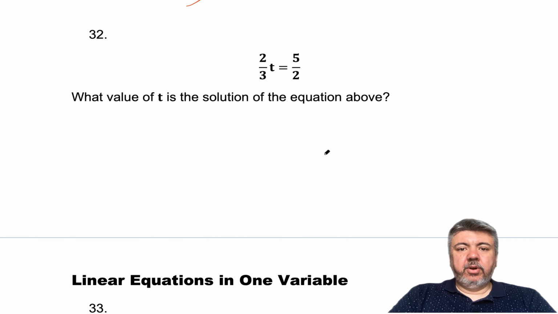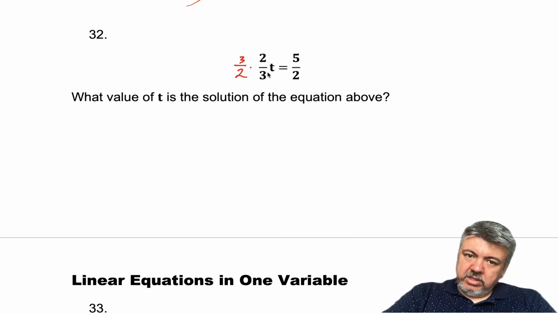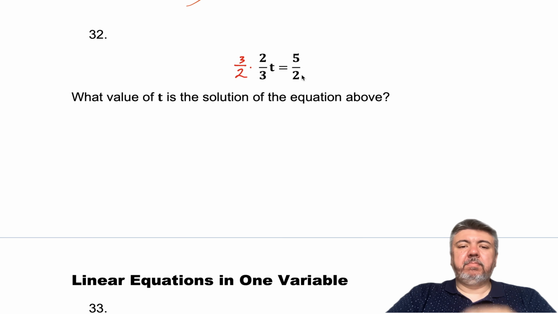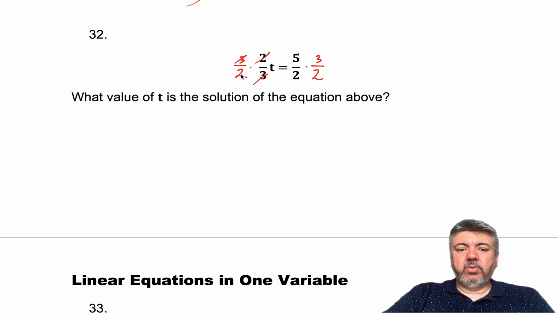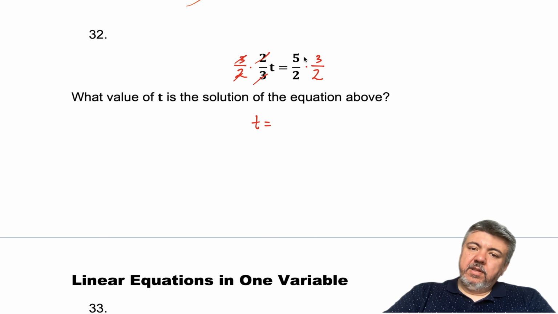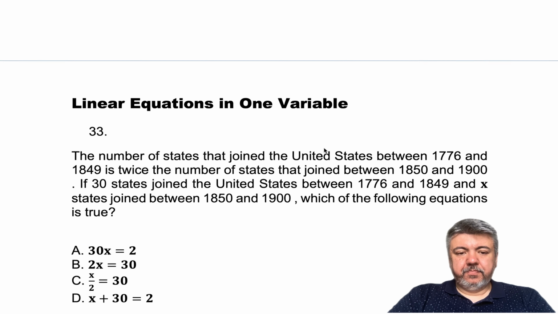Now question 32, I want t here. Let me remind you the trick. The trick is multiplying both sides by, if it's 2 over 3, 3 over 2. 3's cancel, 2's cancel. T here, 15 divided by 4. That's question 32.